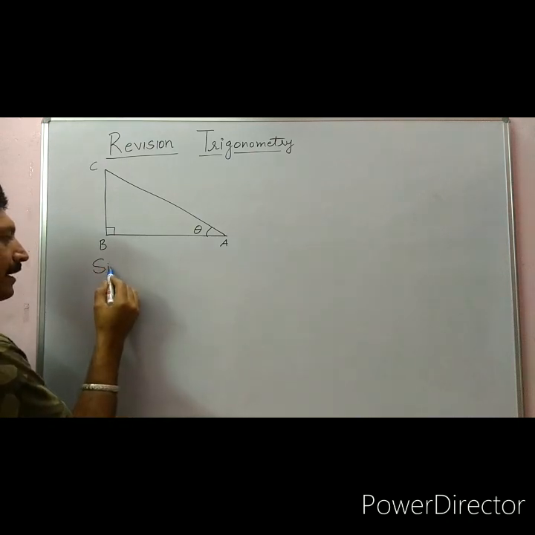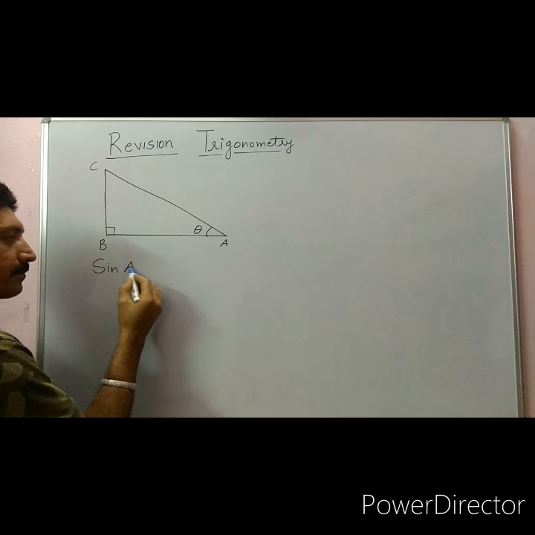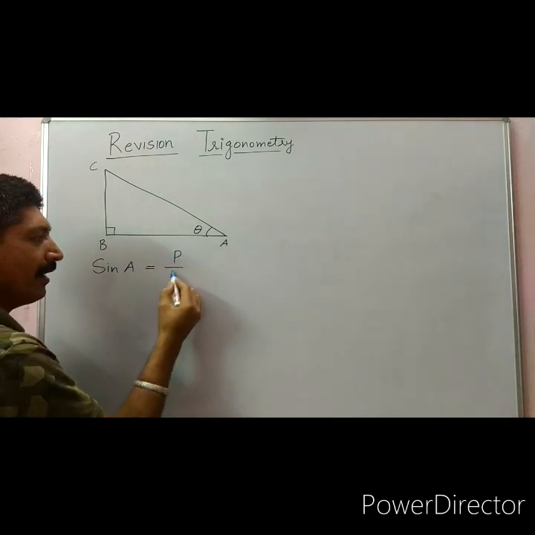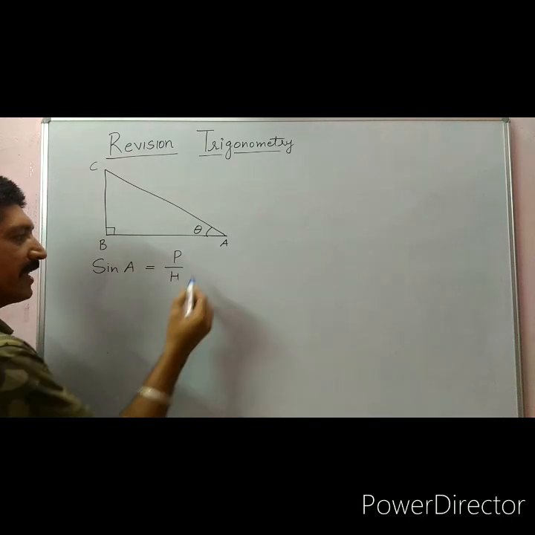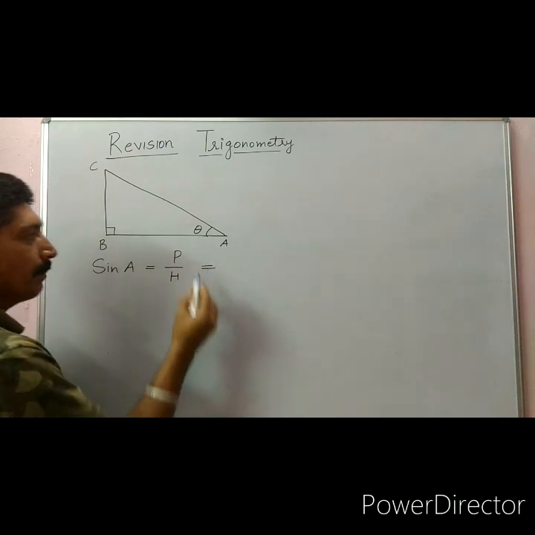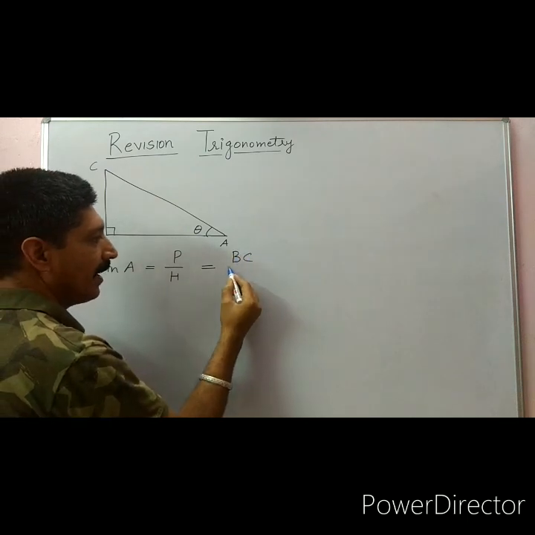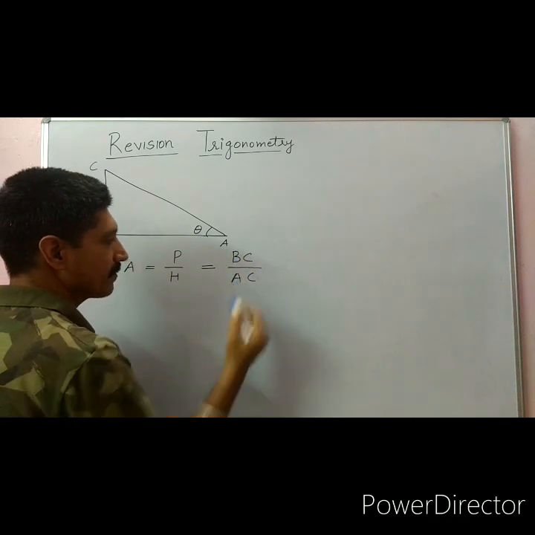Sine of angle A is equal to perpendicular upon hypotenuse. Here perpendicular is BC and hypotenuse is AC.